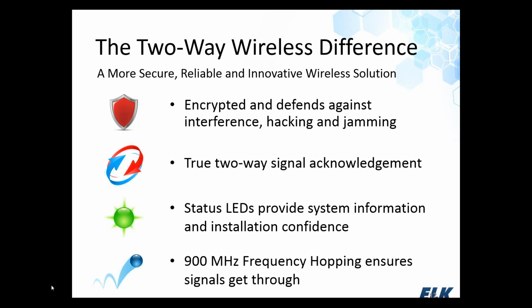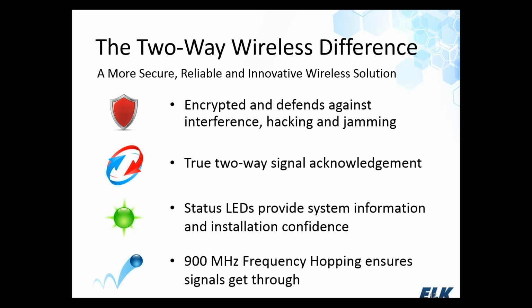Now the two-way product line uses encrypted code. It's a 900 megahertz frequency hopping transmission, so it's really hard to hack or jam a signal that's constantly changing. It does provide you with true two-way signal acknowledgement, as well as status LED feedback.